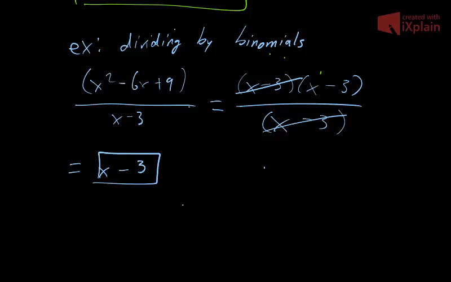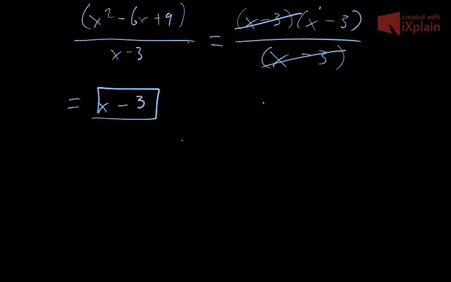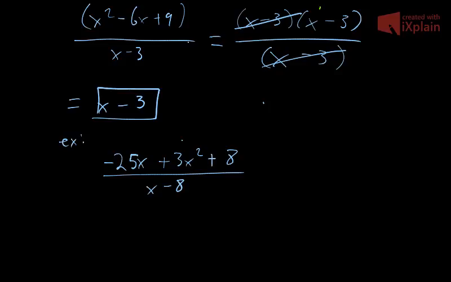So that was a fairly easy one. We're going to do one now that maybe is less easy. If I have negative 25x plus 3x squared plus 8 divided by x minus 8, I don't know if I can factor that thing on top.